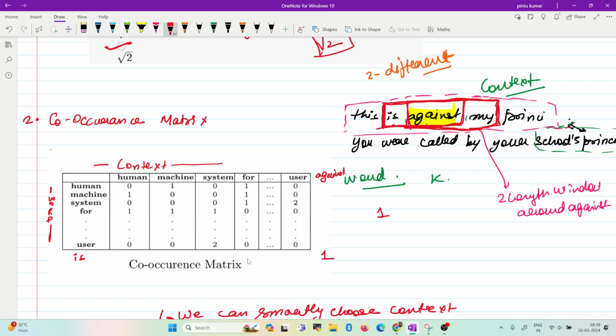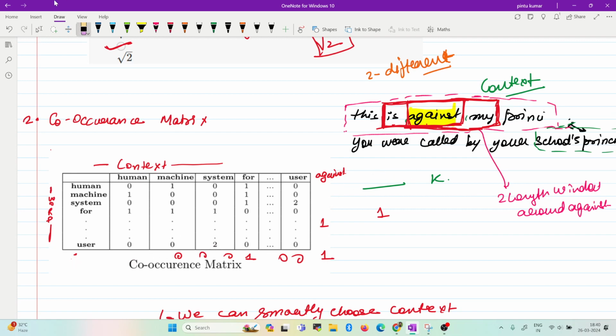Similarly, for all the co-occurrences with the word "is", I'll have entries over here. For all the co-occurrences with "against", I'll have entries over here, and the rest of the entries would be 0. So it also counts the number of times it is co-occurring, and you should keep that in mind. This is what we define as the co-occurrence matrix, and that will depend on your window length.